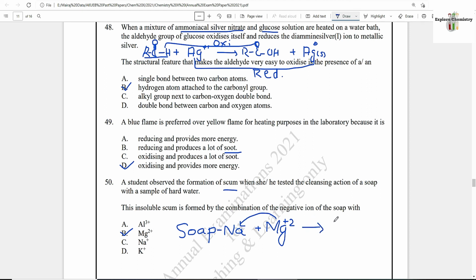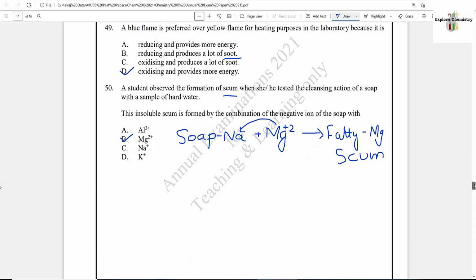So it will become fatty acid combined with magnesium. Here in soap, fatty acid was combined with sodium. Now fatty acid is combined with magnesium. This compound is known as scum. So it is formed due to magnesium ion. And it is understood that magnesium is only present in hard water, so it will be the answer.